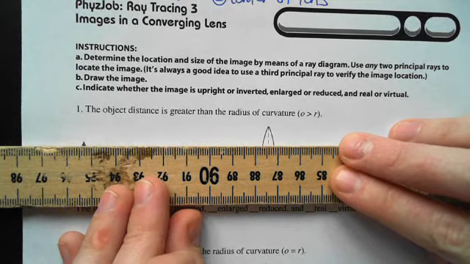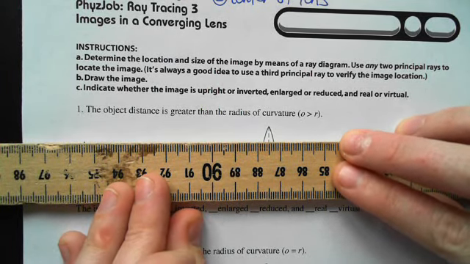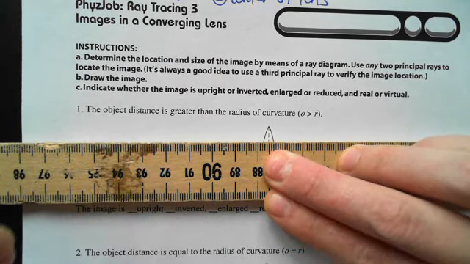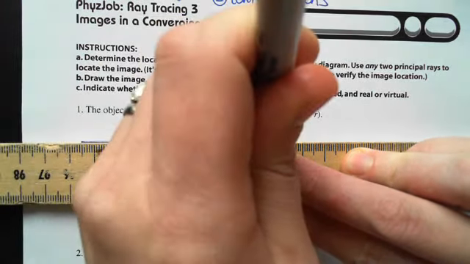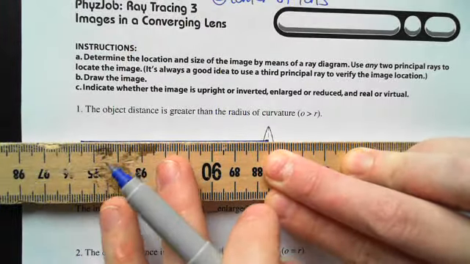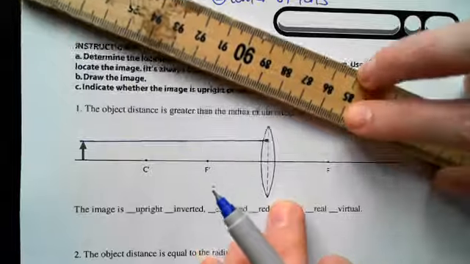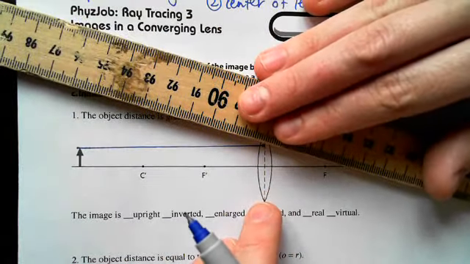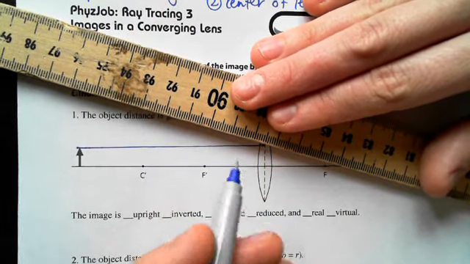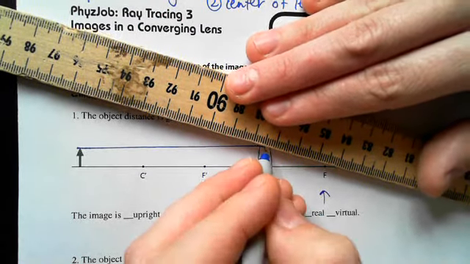All right, we're going to line this up, and from the tip of our object, we're going to draw a line parallel, and the second you hit the lens, you go through the focal point, which, remember, for convex lenses, is on this side. This is the focal point right here.